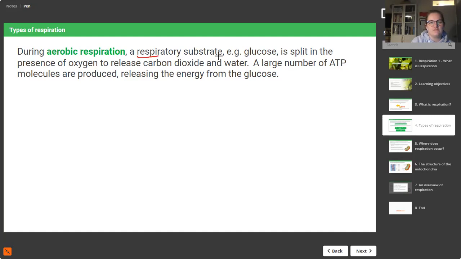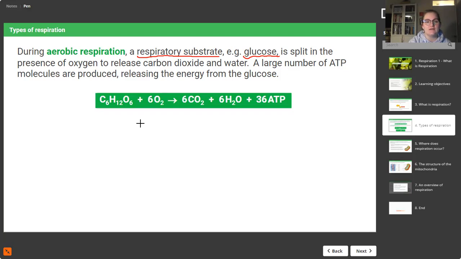For example, glucose is split in the presence of oxygen to release carbon dioxide and water, okay? Aerobic respiration produces a large number of ATP molecules, released from the energy in the glucose. Opposite, anaerobic respiration does not produce as much ATP as aerobic.